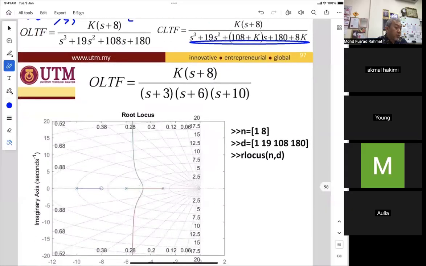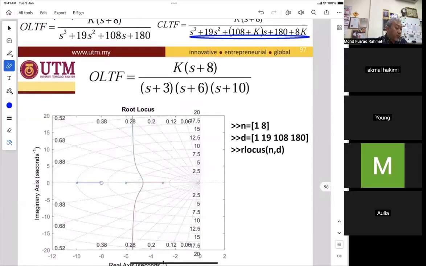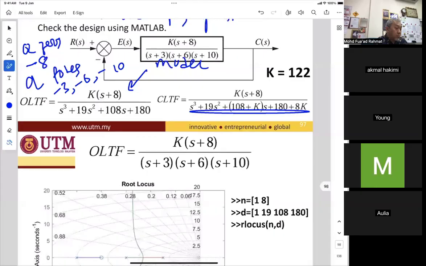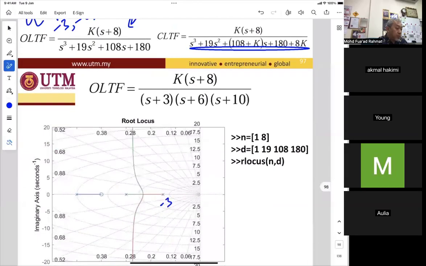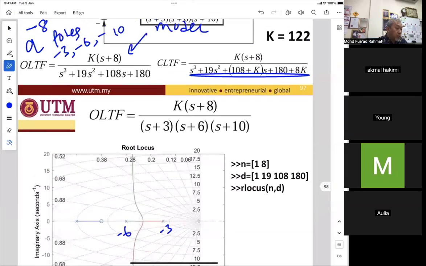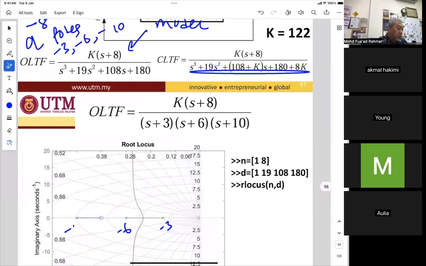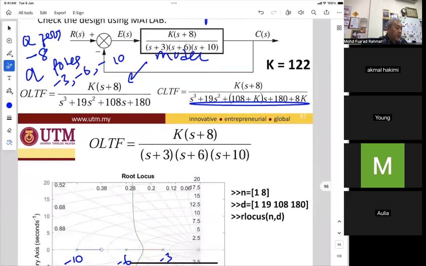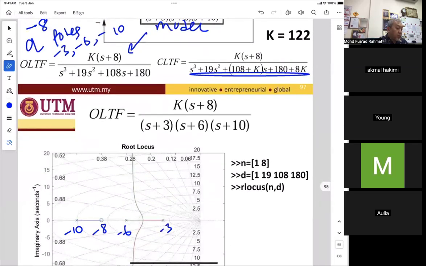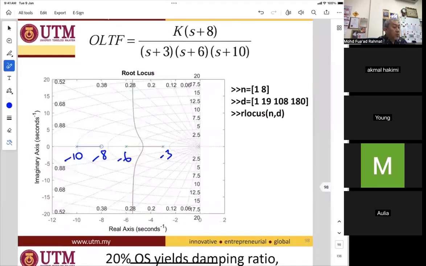So the plot is shown here, where you have poles at -3, -6, and -10. And of course, there is a zero at -8. Okay. So the open loop poles number 3, so that's why the branches of root locus is 3.